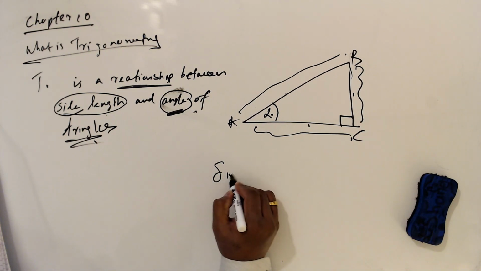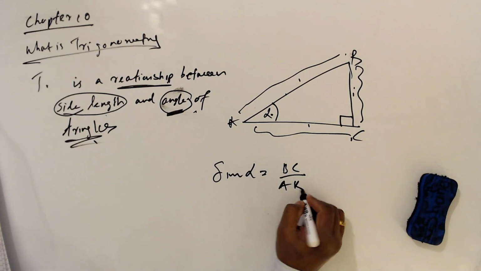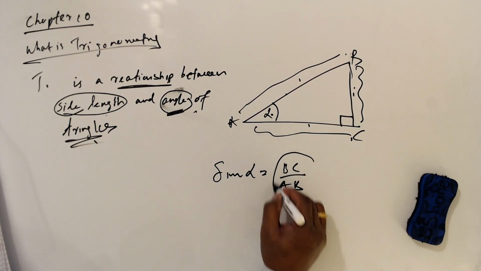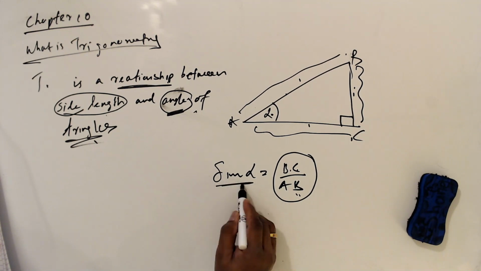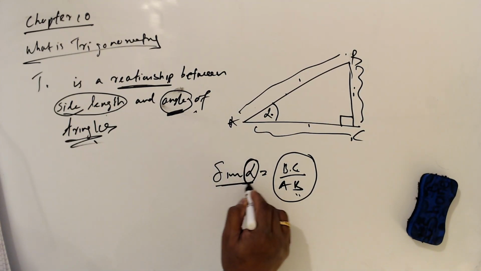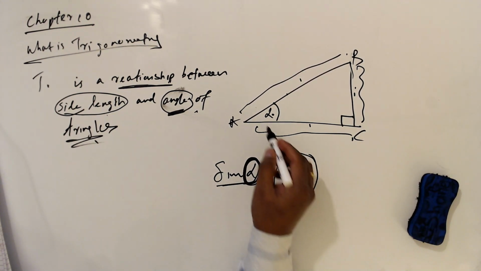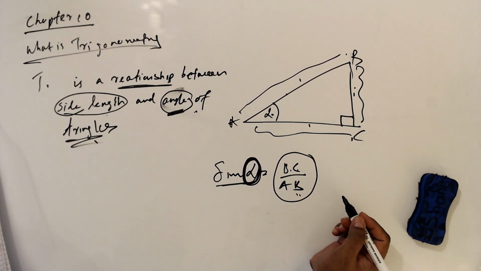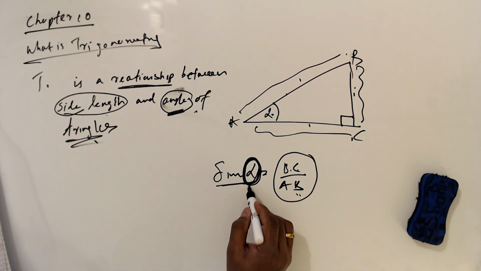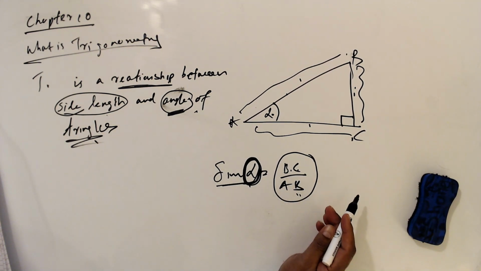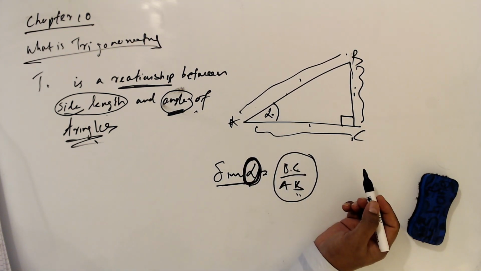Now when I write sine alpha, it means opposite divided by hypotenuse, or BC divided by AB, so this is a ratio of two lengths, and this is the alpha angle. So it is a relation with the angle and the side length. Basically the behavior of these two together, the angle and the length ratio, we learn as trigonometry.